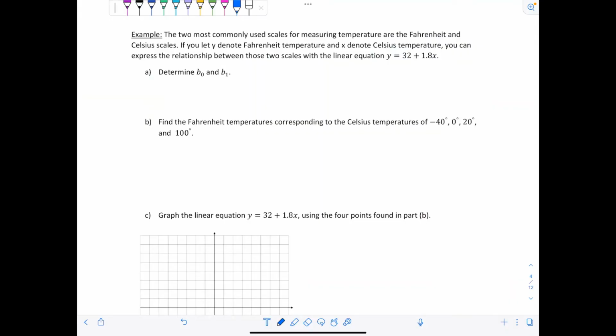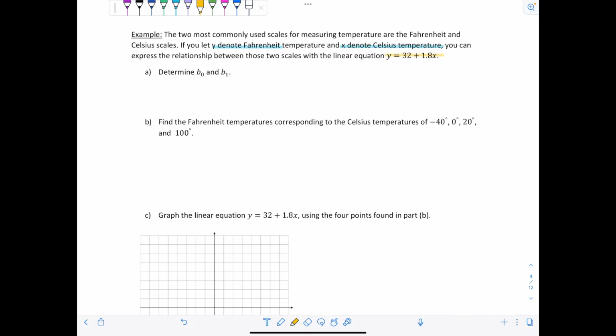Okay, here's another example. The two most commonly used scales for measuring temperature are the Fahrenheit and Celsius scales. If you let y denote the Fahrenheit temperature and x denote Celsius temperature, you can express the relationship between those two scales with the linear equation y equals 32 plus 1.8 times x.